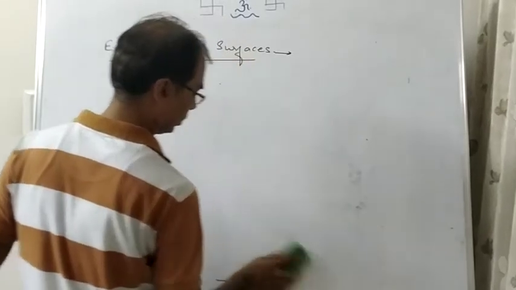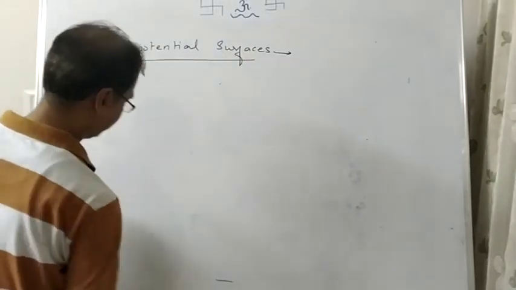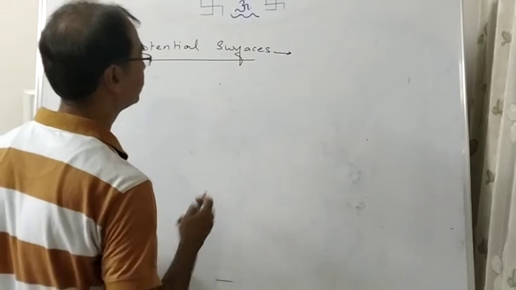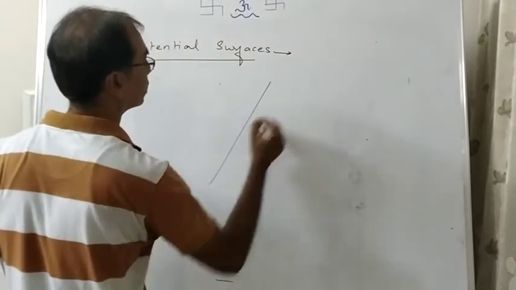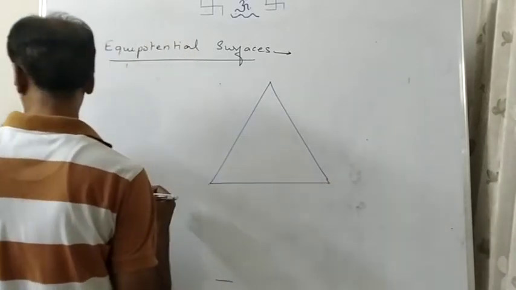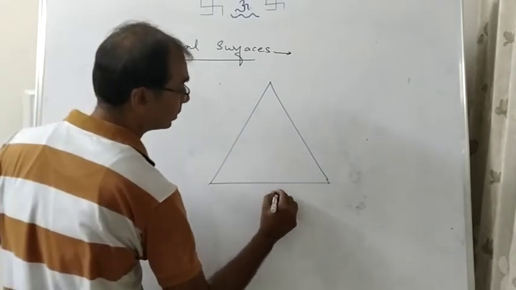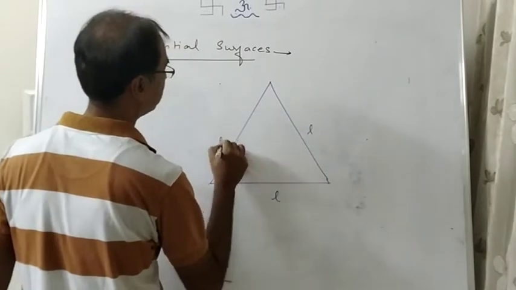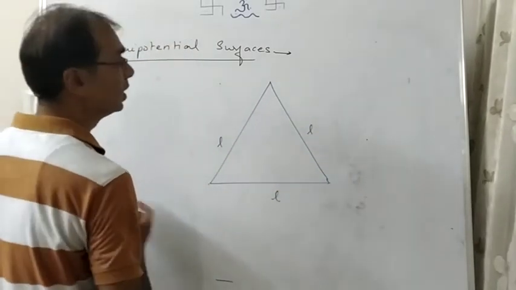Suppose that I have an equilateral triangle, and each side is L. The electric field is along the x-axis.